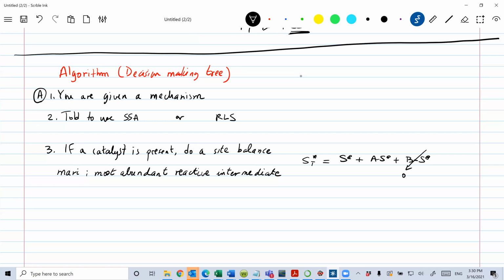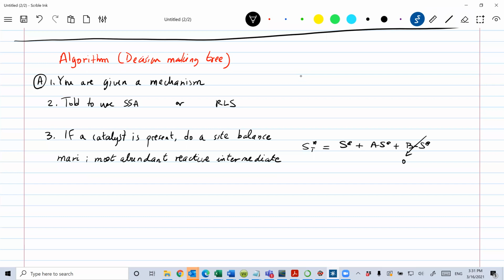So all it does is simplify your total site balance. It also means that B is not really adsorbing, meaning the BS complex is not quite there. It's nothing to do with the rate limiting step. It's just a way to simplify your calculations. That's one approach that we've looked at.